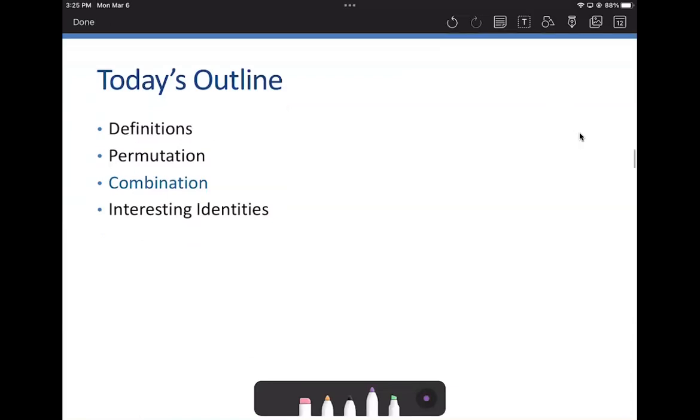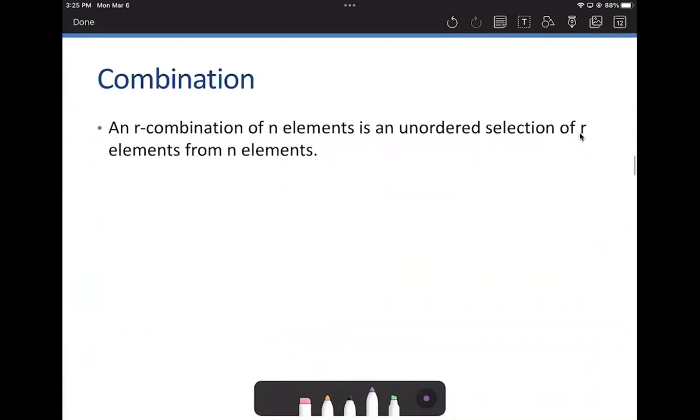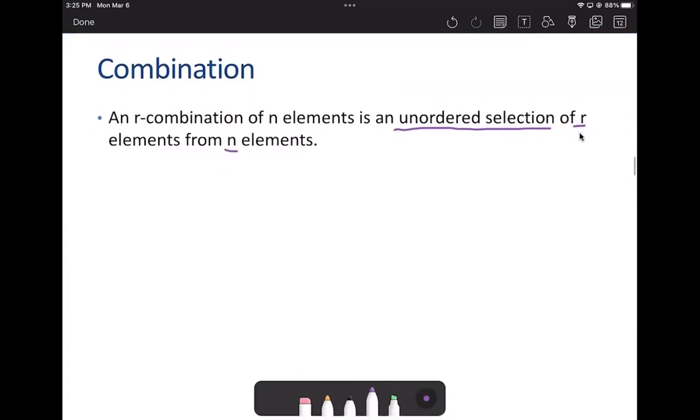Excuse me. Let's move on to the combination. As mentioned earlier and reminded by Yvonne, the R combination of n elements is the unordered selection of R elements from n elements. It may be denoted by the combination of n taken R, and there are also other ways we can denote this.